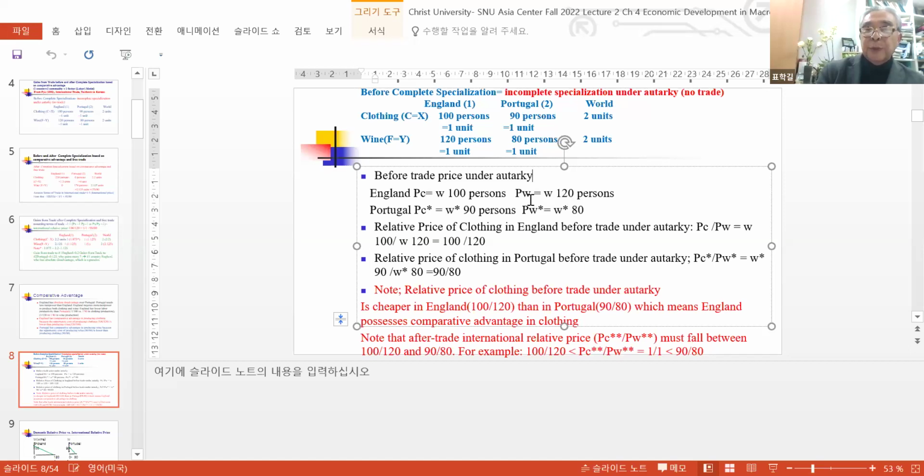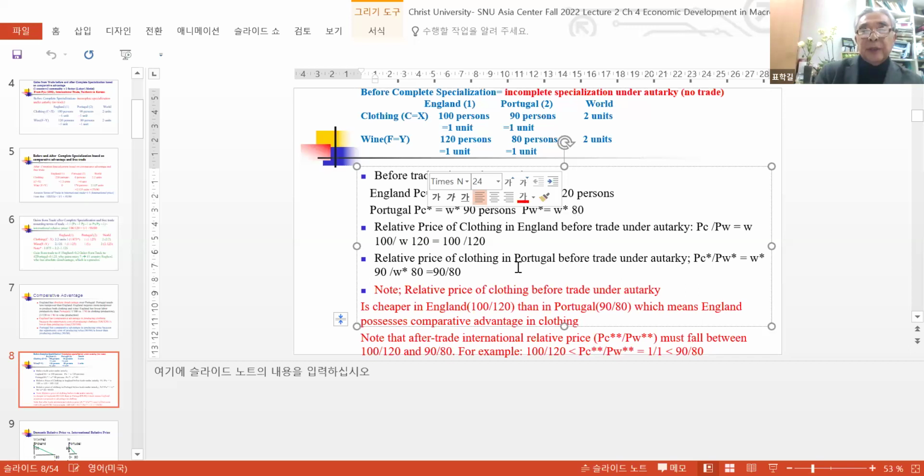The wine price should be much higher than the clothing price. Portugal, similarly: PC star is Portugal's pre-trade price of clothing, W star, Portugal's wage rate, times 90. PW star is Portugal's wine price before trade, W star times 80.